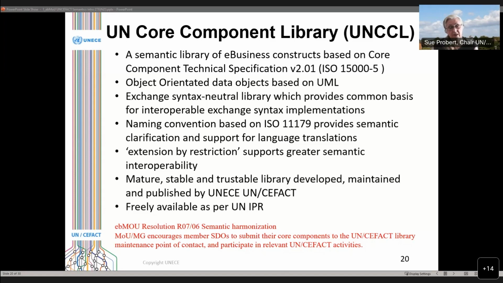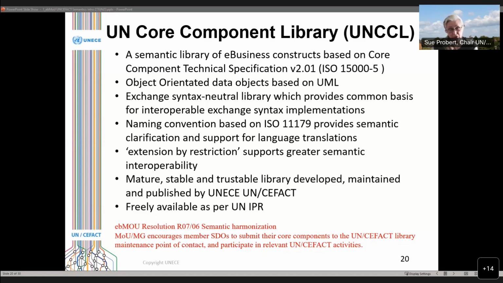And then the extension by restriction is an important but quite technical implementation specified by the core component technical specification, where you can qualify the reuse of a simple attribute in a base core component by adding more business context.